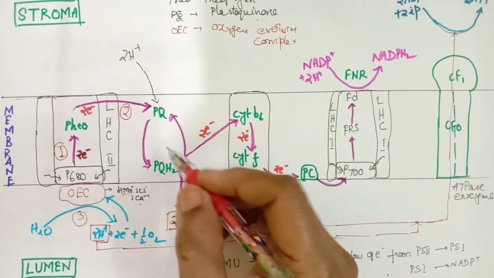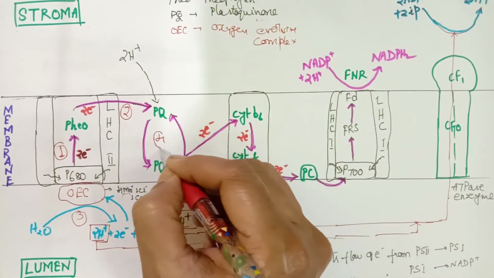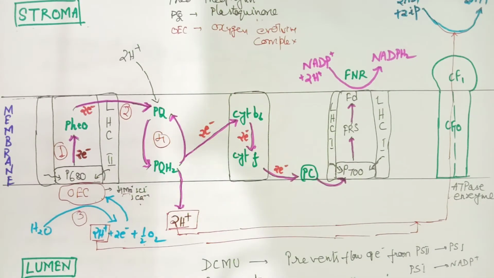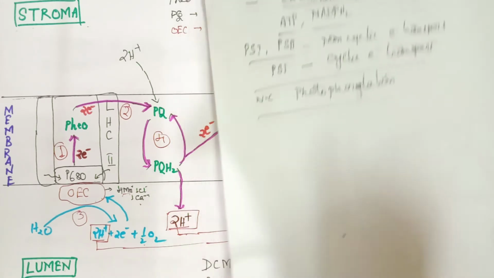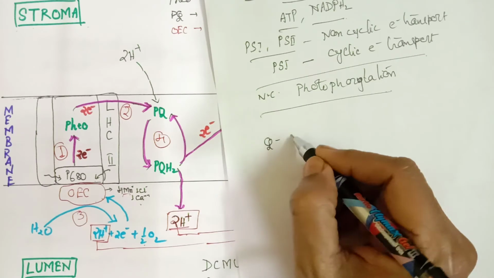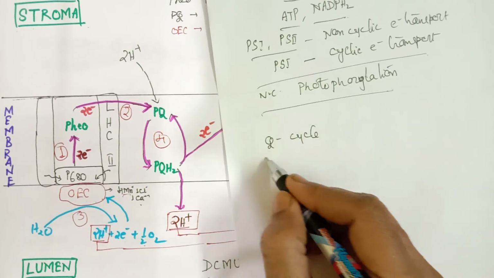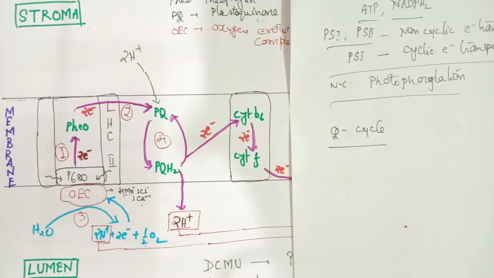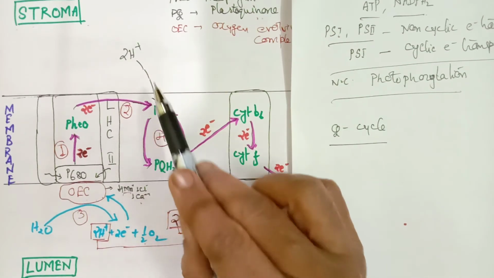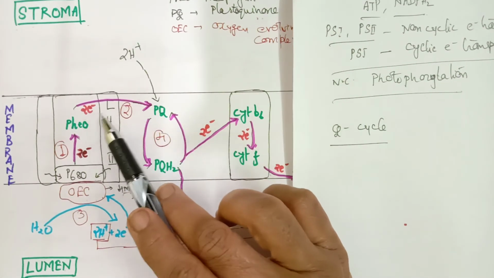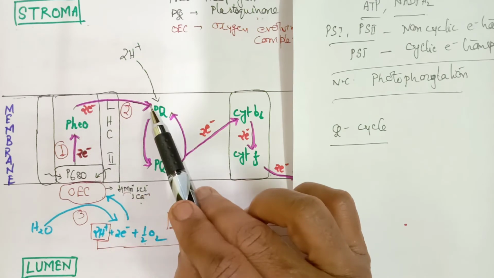Now next, the fourth step. Fourth step is called as quinone cycle, or Q cycle. So what happens here in quinone cycle? In quinone cycle we find plastoquinone, which is already receiving electrons from pheophytin.